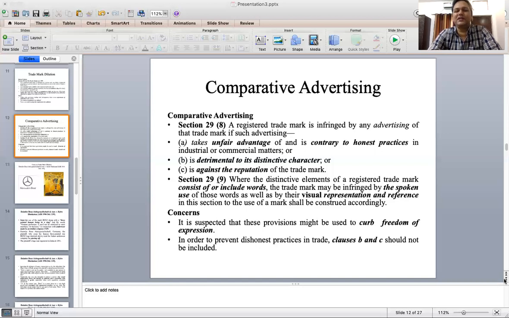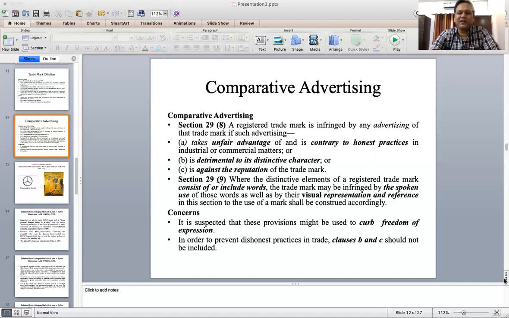So as you see here, it is very factual and you have to substantially prove it in a court of law that it is taking unfair advantage or that it is contrary to honest practices. So what are honest practices must be defined. The second thing is that it is detrimental to its distinctive character.